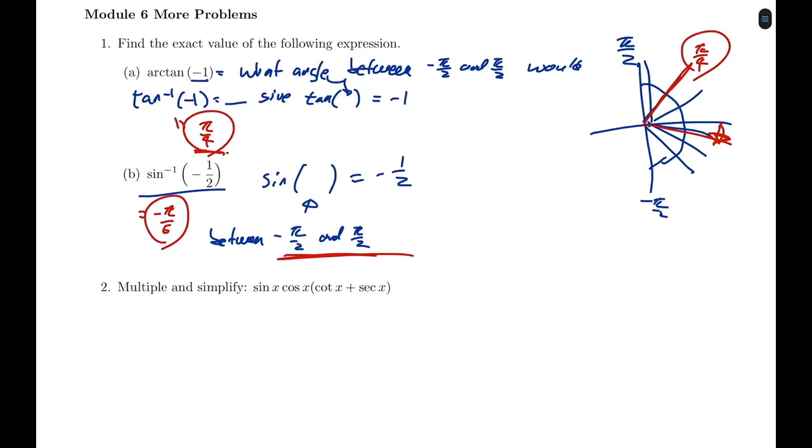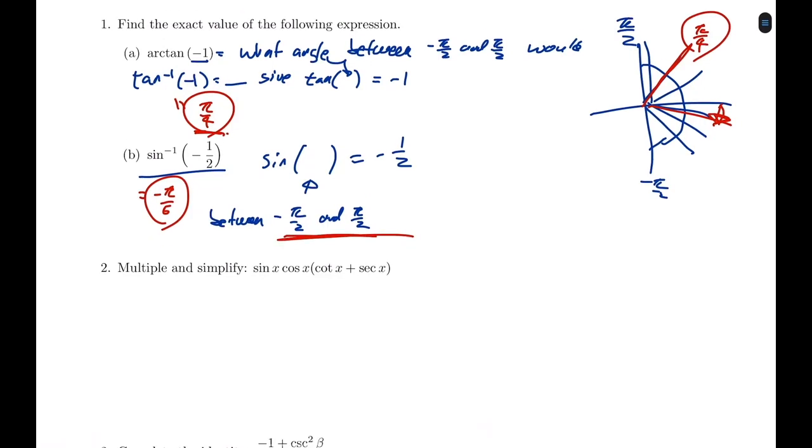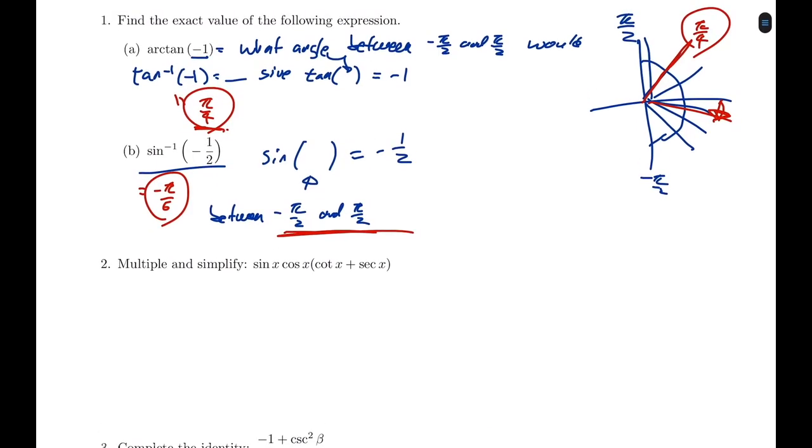Okay, let's look at the next problem. It says multiply and simplify. This is just practice of multiplying and manipulating trig expressions. We multiply, distributing to both terms. What we get is sine x times cosine x times cotangent x plus sine x times cosine x times secant x.